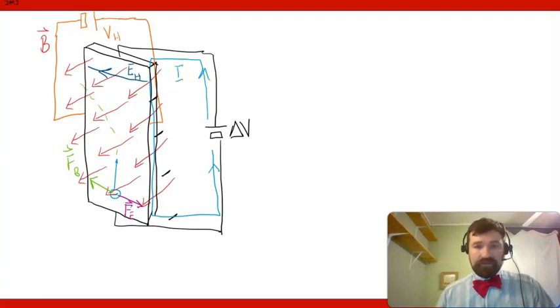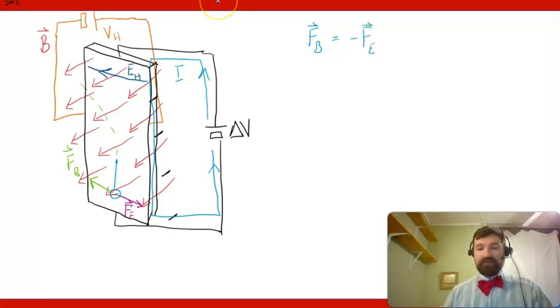If FB, the magnetic field force, and FE, the electric field force, are in opposite directions but equal magnitude, then the net force on this particle will be 0.